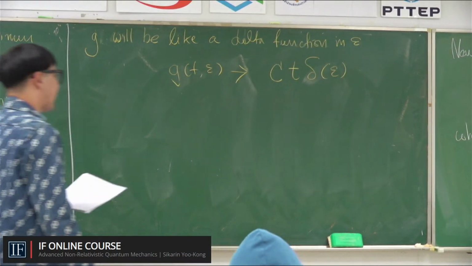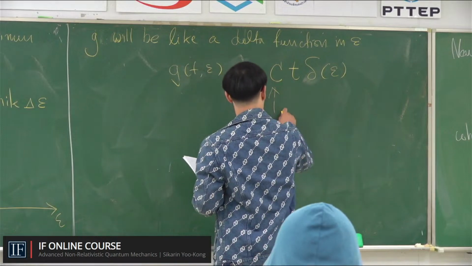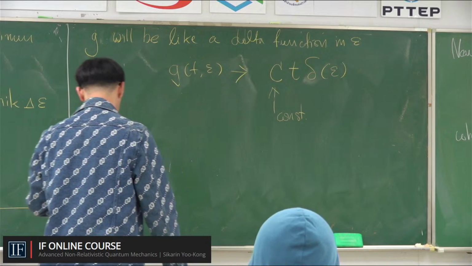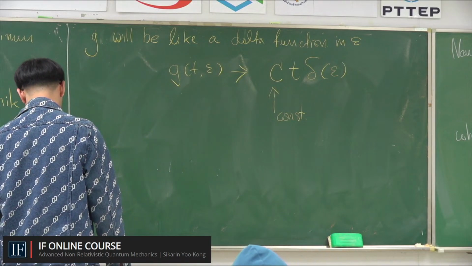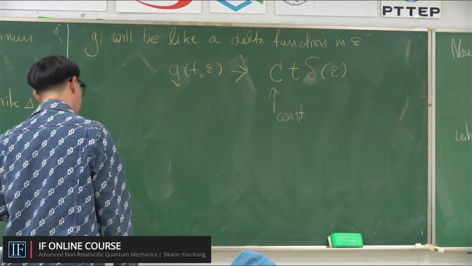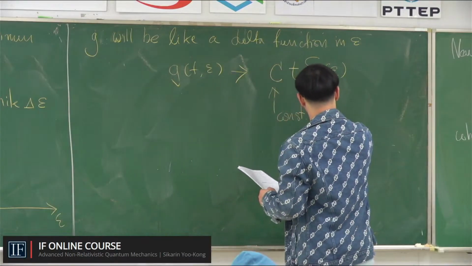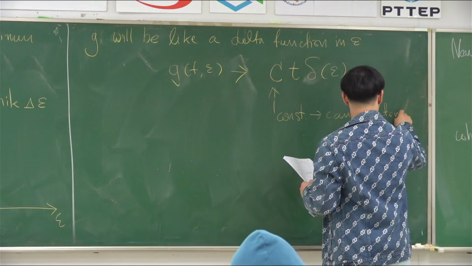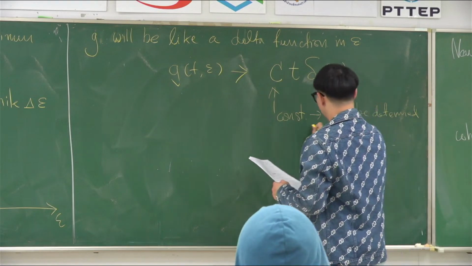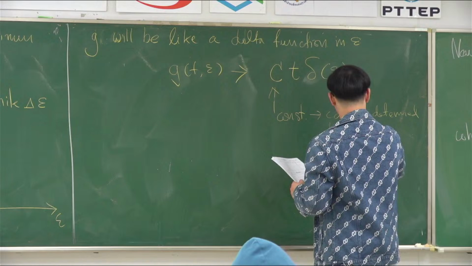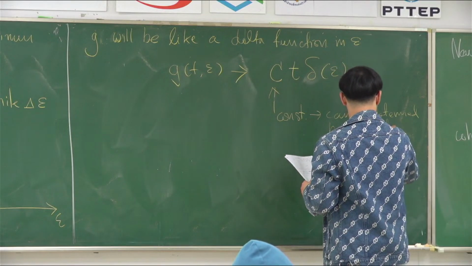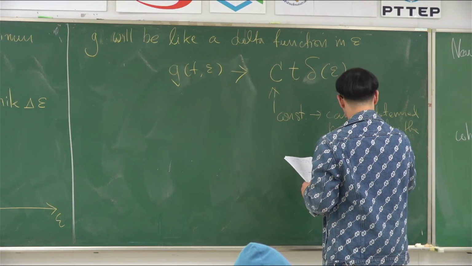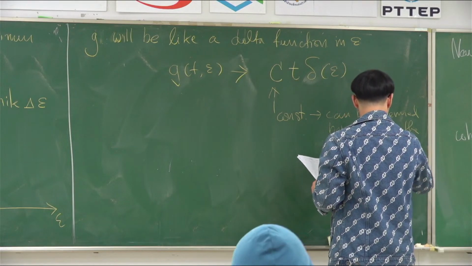This is a constant, and this can be determined by computing the area under the curve.